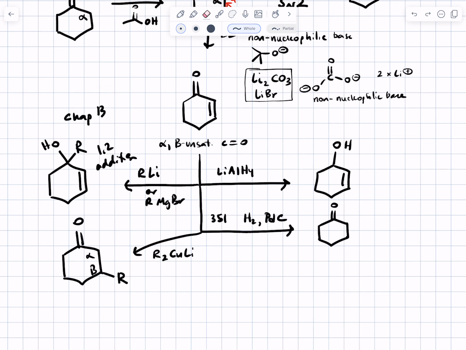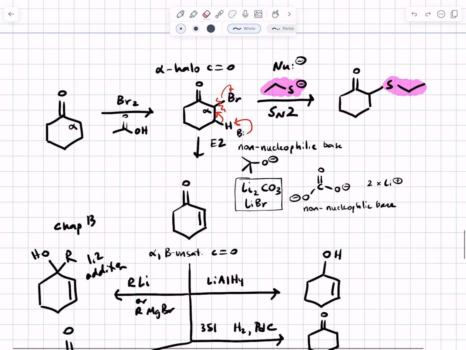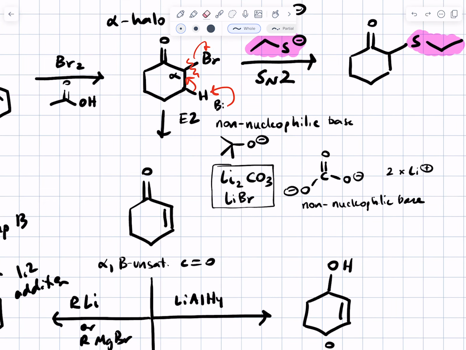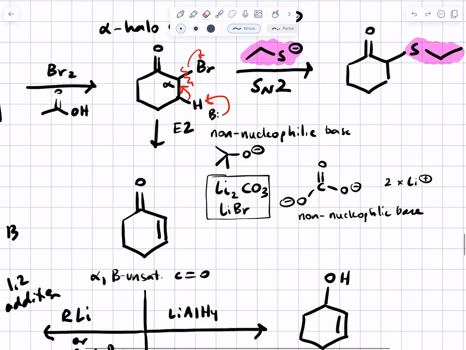Yes? I've seen examples in the textbook where we either end up with more or less substituted elimination product using, I think, the same reagents. I'm not sure if there's a specific context in which... You're talking about elimination reactions and more or less substituted elimination products. Of course, here, there's no choice.